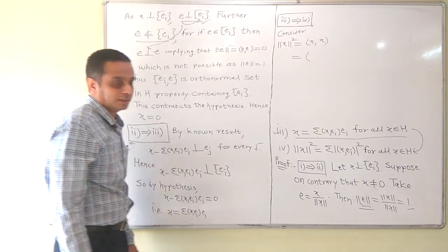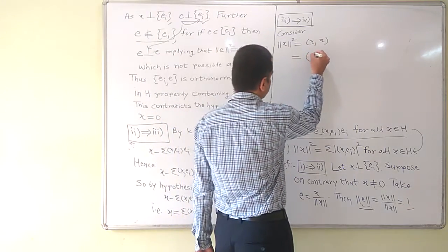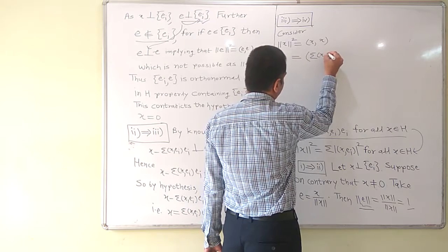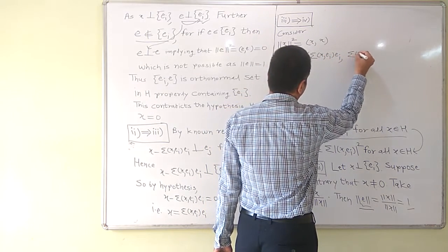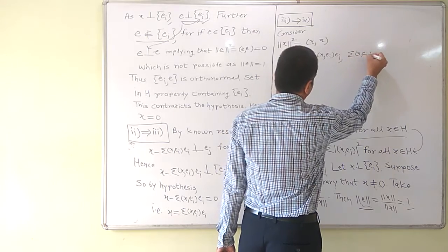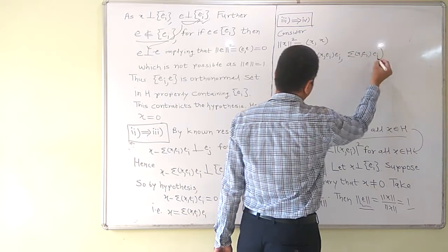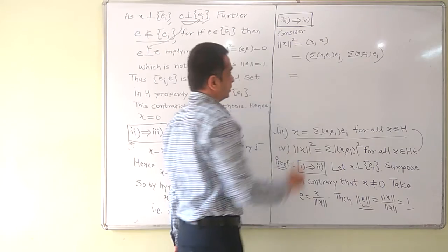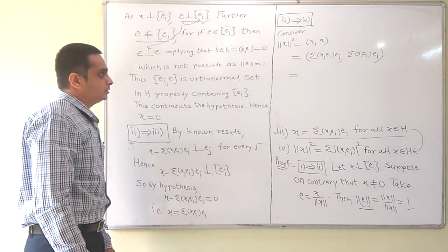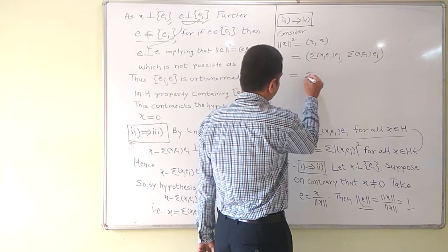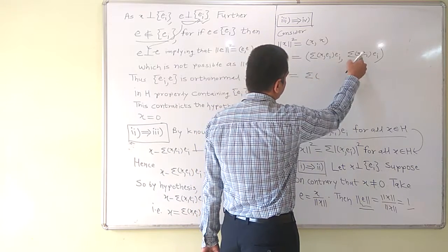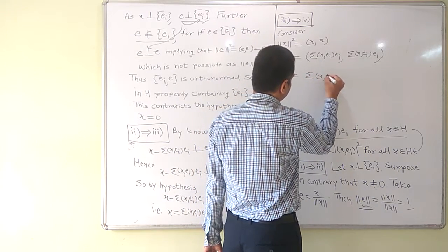sum of x ei, sum x ei. So by using properties of inner product, this can be simplified as summation conjugate of x ei.